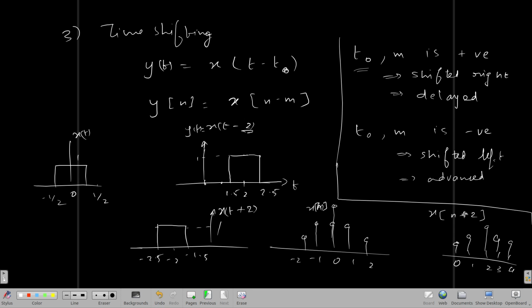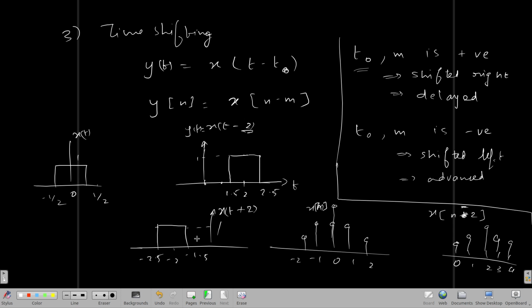Sorry, n minus 2, n minus 2. Each and every sample will be shifted to the right by 2 values. So x of minus 2 becomes x of 0. Similarly, minus 1 becomes 1, like that. Same concept is applying here. Okay.